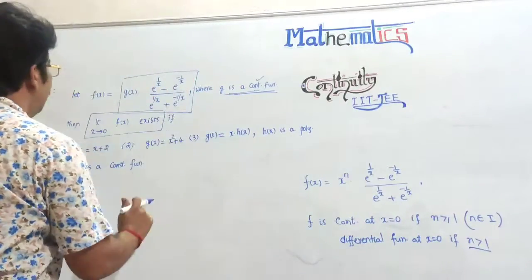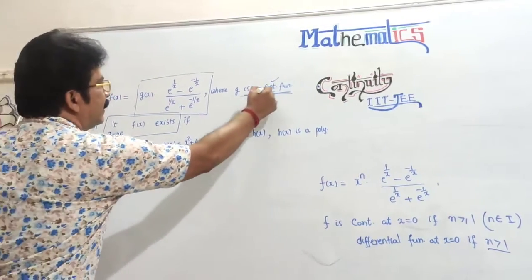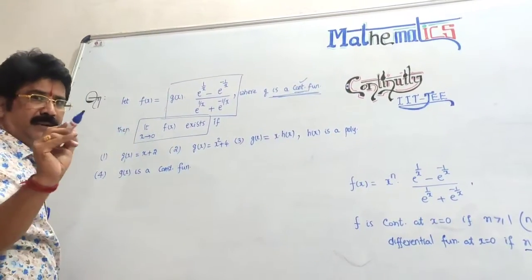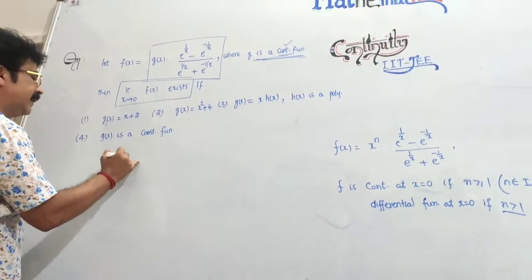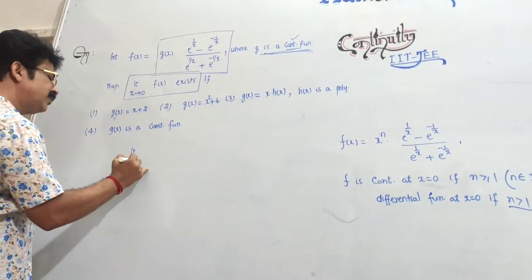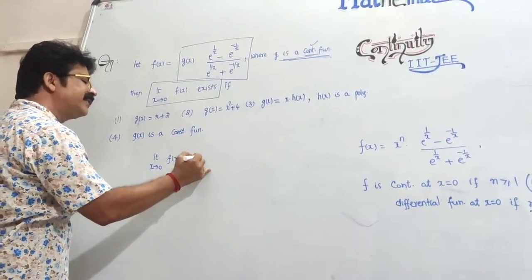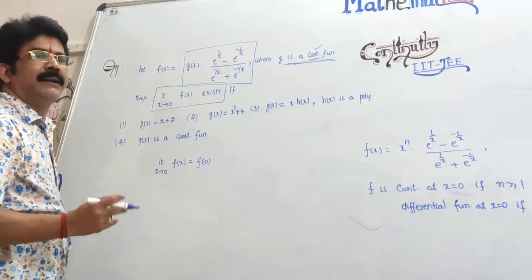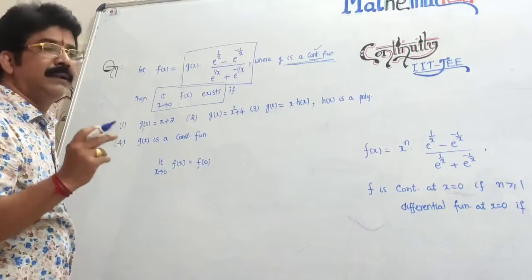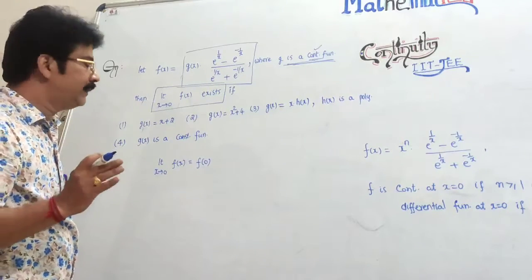You come here. So therefore, he said continuous function. Number 1 point. Number 2, limit x tends to 0, f of x exists means it is nothing but f of 0 value. Understand? Right.